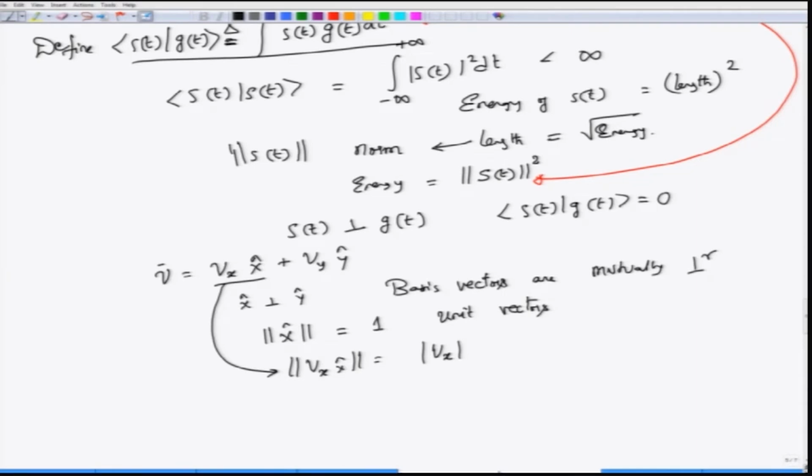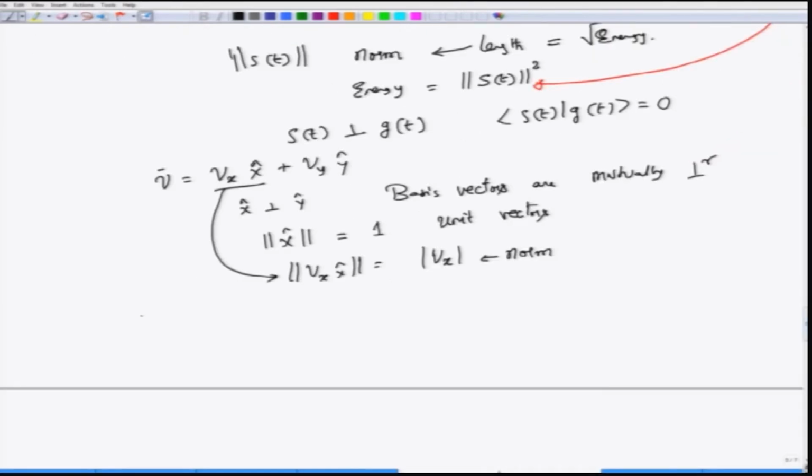Remember, Vx is just a number, it could be positive, negative, it could be complex. When you multiply that with x hat, assuming the Cartesian coordinate system, then Vx can only be real, it could be positive or negative or 0. But when you take a number and multiply it with a vector, you get a vector, and the norm is specified for vectors, not for scalars. So, this is the notion of norm.